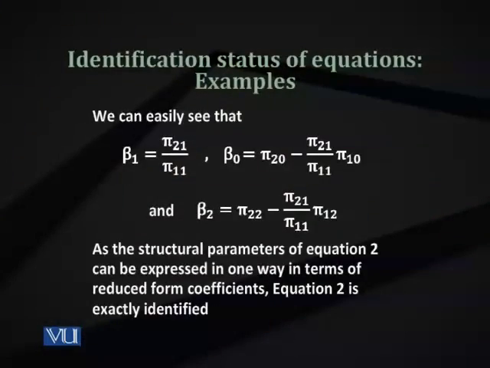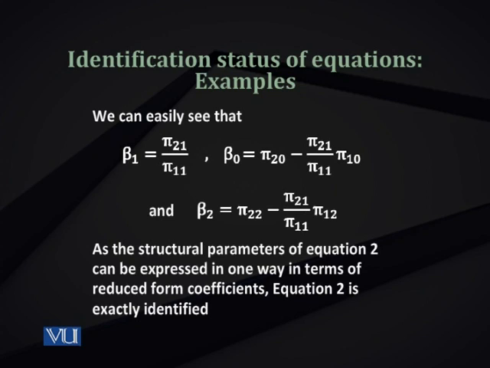As you are seeing, beta 1, beta naught and beta 2, all of them are equal to some expression where you have only pi's. We are able to express all these betas in terms of these pi's. So betas belong to the second equation, and we can express all these betas in terms of the reduced form coefficients in one unique way.